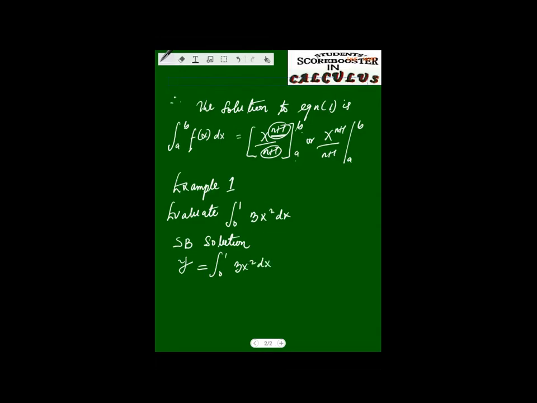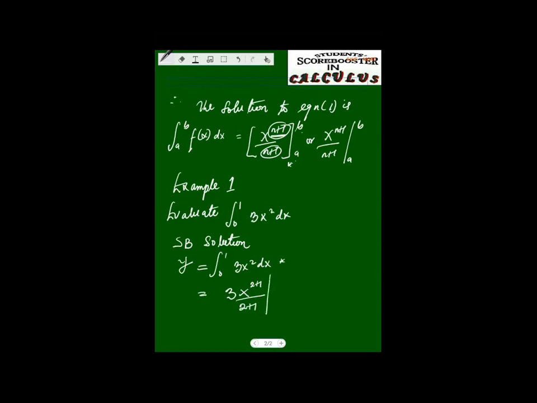Yes, good. So remember what I have said. This is the power of x. So if you compare this with this, we are going to have our y being 3x to the 2 plus 1 over 2 plus 1.